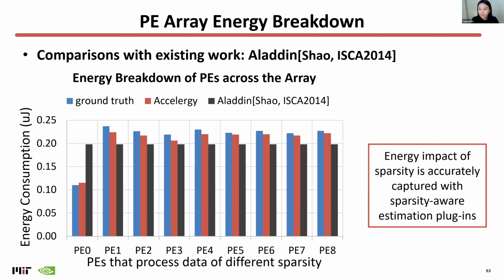Therefore, the various sparsity processed by each PE does not make a difference for Aladdin in terms of the energy estimation. Therefore, you can see a very flat line across the various PEs, even though the zero optimization actually brings different amounts of benefits to these PEs.